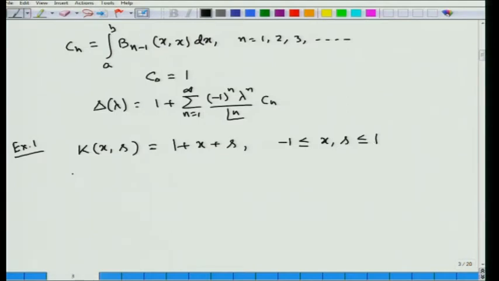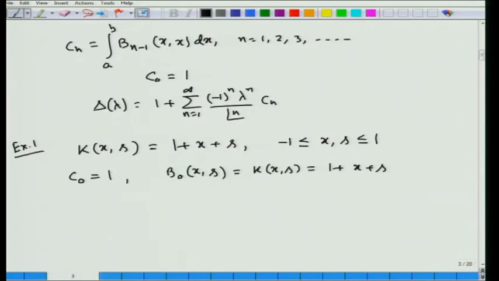So, you can recall as per definition C0 = 1, and B0(x, s) is equal to k(x, s). So, this is equal to 1 + x + s. Next, with this B0 we can calculate C1.